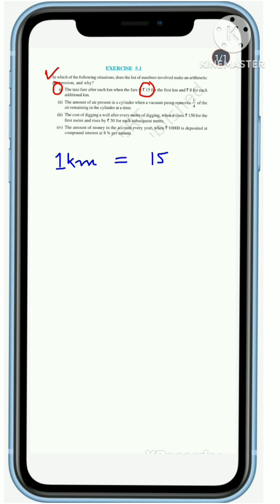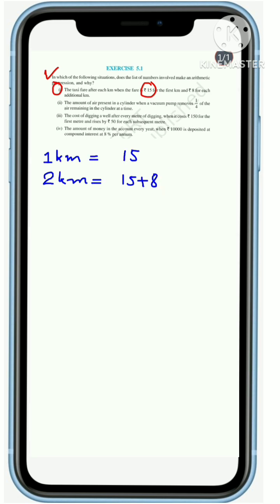Again here is written: after each kilometer extra 8 rupees will be charged. So for 2 kilometers taxi fare will be 15 plus 8.